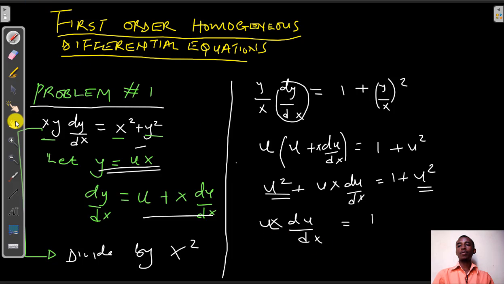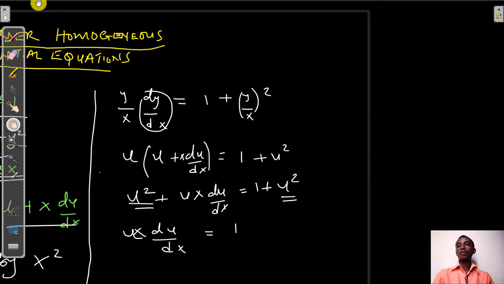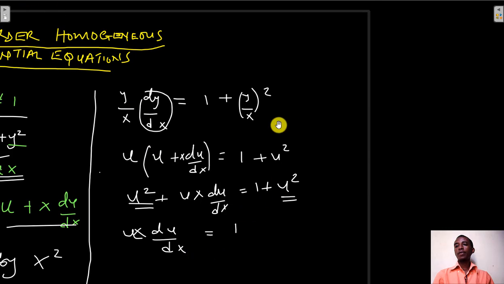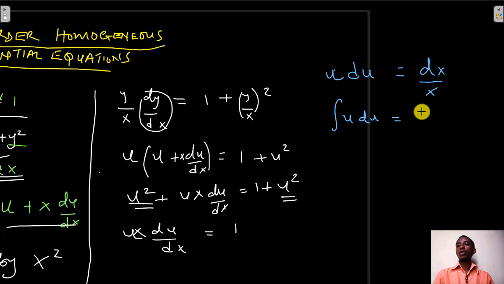Okay, let's just create more space here. Right. So if we separate variables, we'll have u du equals dx over x, and if I take integrals on both sides, the integral of u du equals the integral of 1 over x dx.